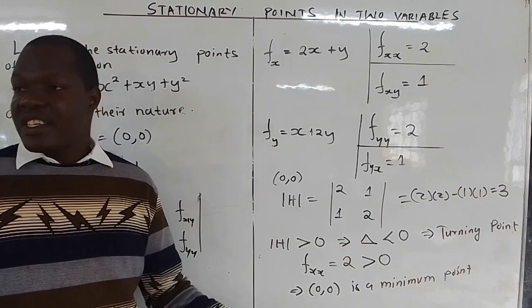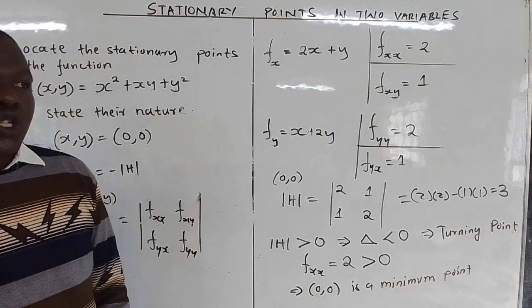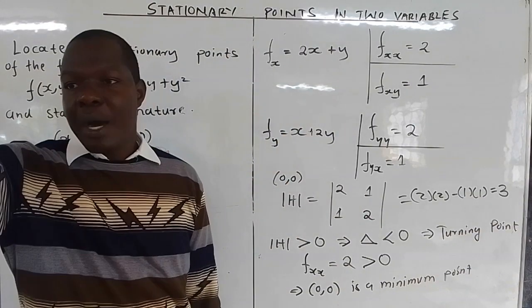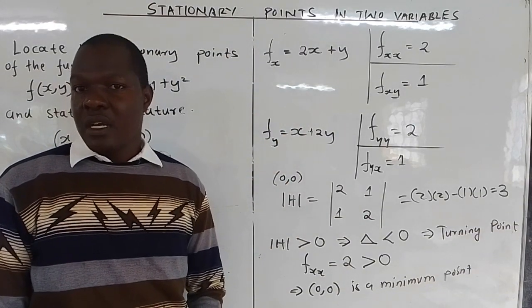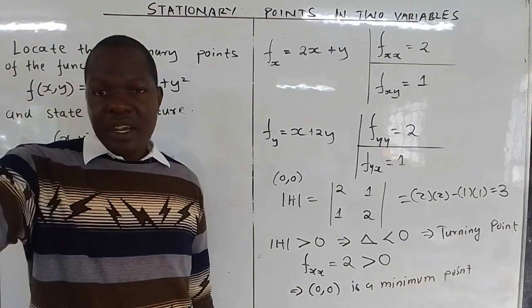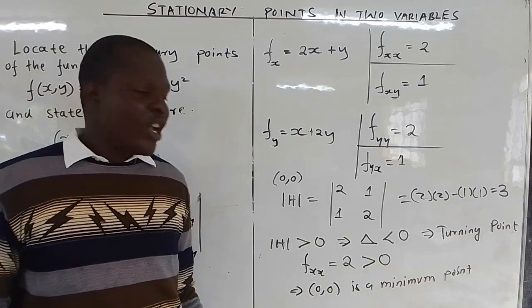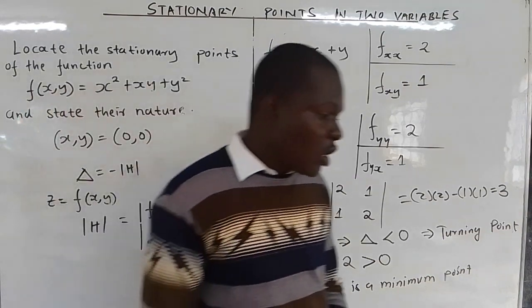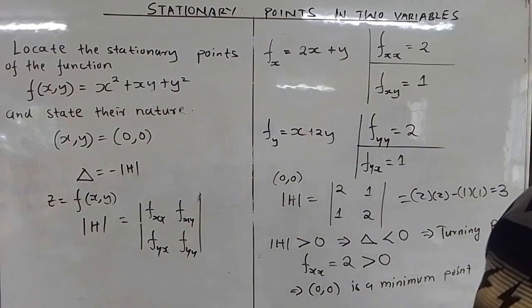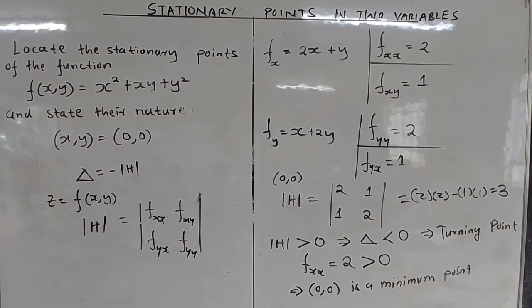And when you find that it is a turning point, you have to show whether that turning point is a maximum point or a minimum point, isn't it? You see that? And it is a minimum point when the first principal minor is greater than 0, and it is a maximum point when the first principal minor is less than 0. So that is how to handle such kind of problem.